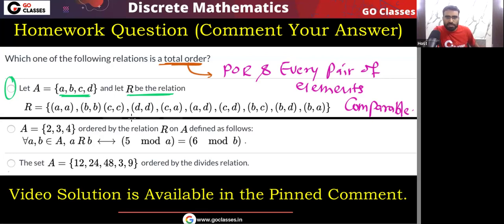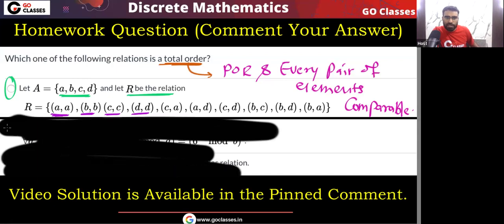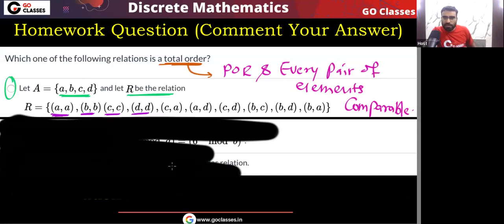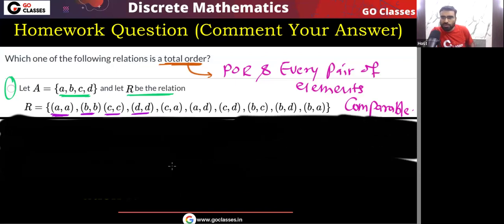So tell me, is this reflexive? Yes, this is reflexive. A related to A, B related to B, C related to C, D related to D. This is your base set. So there is no problem in the reflexive property. What about the antisymmetric property between different elements? Do you have A related to B and B related to A, this type of situation?